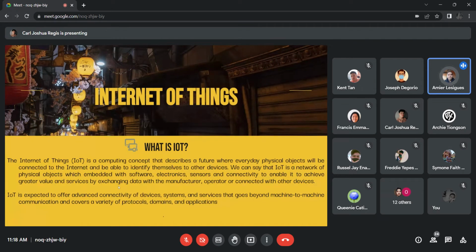So Internet of Things. What is IoT? The Internet of Things or IoT is a computing concept that describes a future where everyday physical objects will be connected to the internet and be able to identify themselves to other devices.